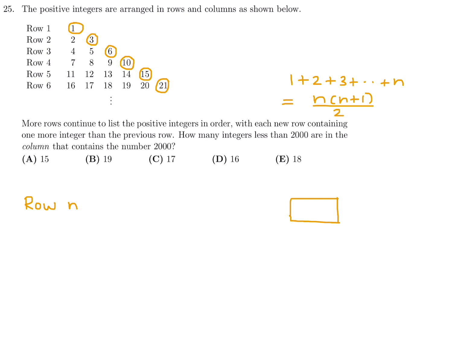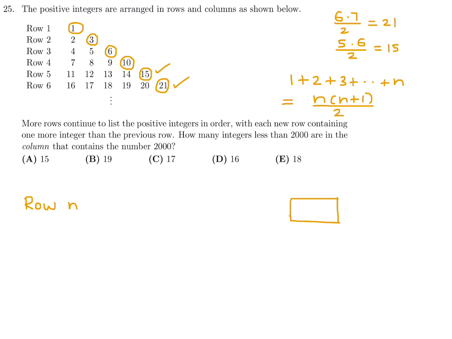So let's prove that. For row 6, 6 is my n in this case. If I put 6 into this, I get 6 times 7 divided by 2, and that is 21. There you go. What about for 5? When n is 5, using this formula, I get 5 times 6 divided by 2, which is 30 divided by 2, which is 15.